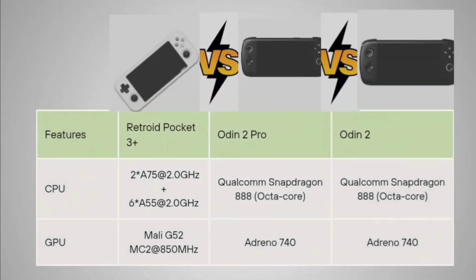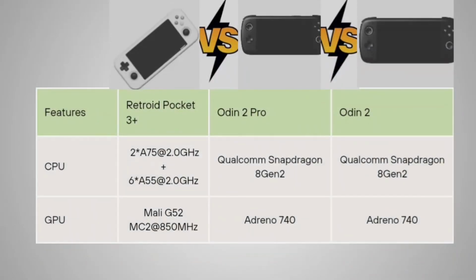Starting with the specifications, the Retroid Pocket 3 Plus has a CPU with 2 cores at 2.0 GHz and 6 cores at 2.0 GHz. The Odin 2 Pro has the Qualcomm Snapdragon 8 Gen 2, and the Odin 2 also has the Qualcomm Snapdragon 8 Gen 2.